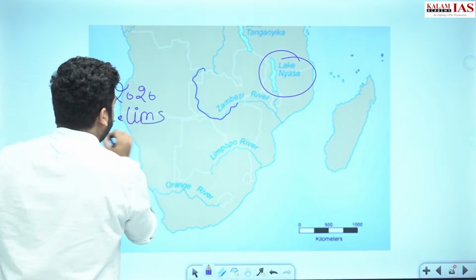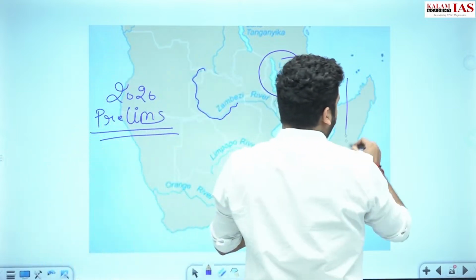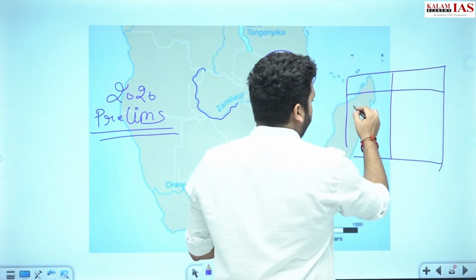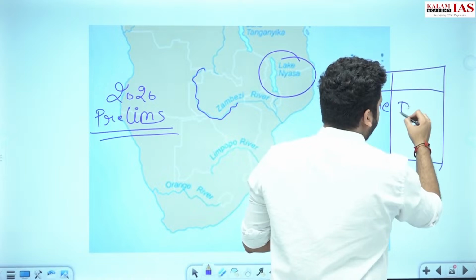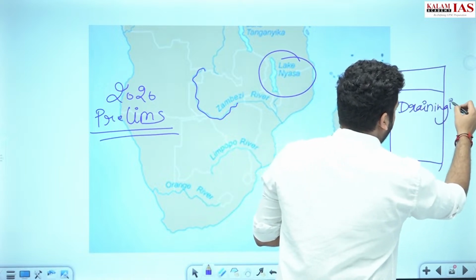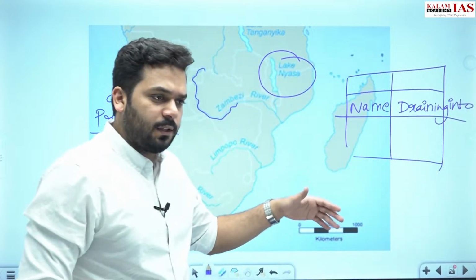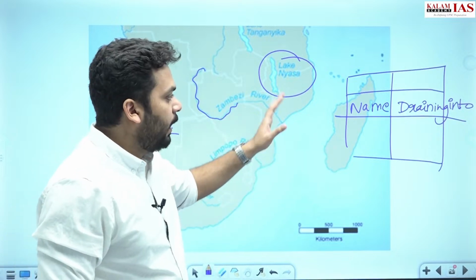The question framework was like this: name of the river, and it is draining into. So it was written Thames, Zambezi, and then other rivers of the world and the drainage area.